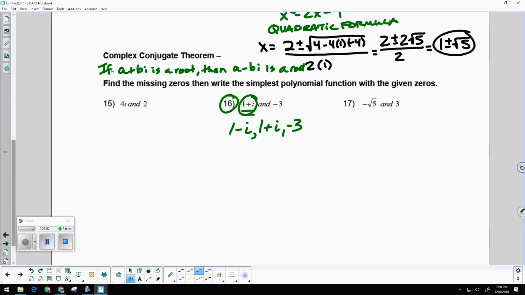Going back to 15, if positive 4i is a root, then negative 4i is a root, its conjugate. And here's a list of all the roots. And then in 17, this is an irrational root, so that means its conjugate is also a root. So the missing root would be the square root of 5. Here's a list of all the roots.